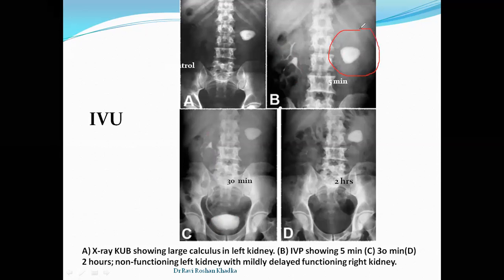If the function is less than 10%, it is better to do a nephrectomy, removing the kidney and the stone. If the function is more than 10%, then we can save the kidney. So IVU gives us a lot of ideas, and we can plan further investigation accordingly.